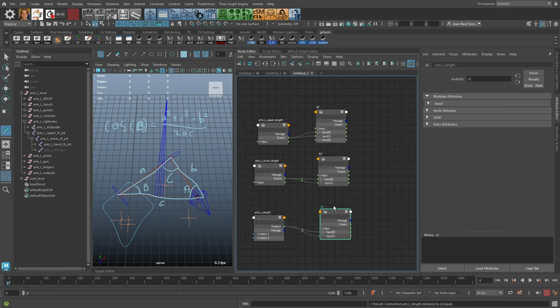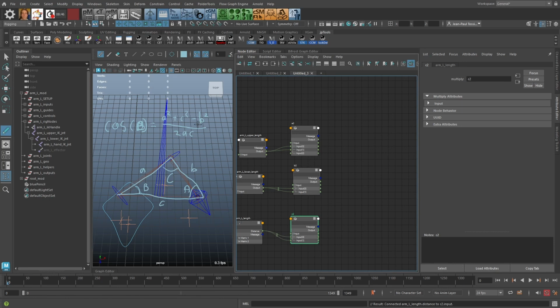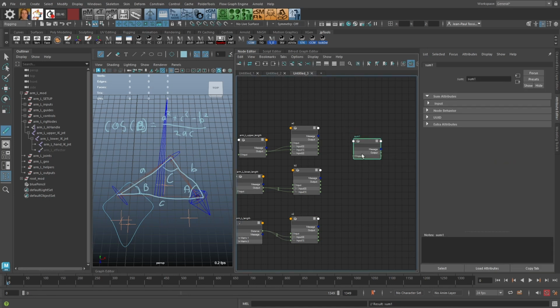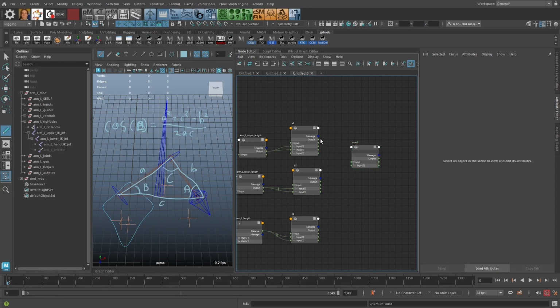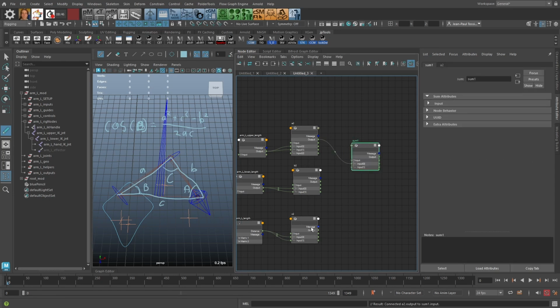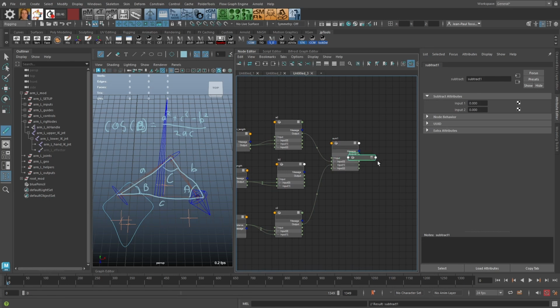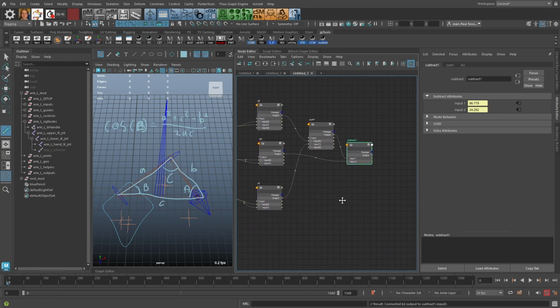So now we have this set up, and then we can make the upper part, the numerator of the equation. So let's say we take a sum, and we say a squared plus c squared, and then we do a subtract mode, and we say this minus b squared, and then we need to make the denominator.